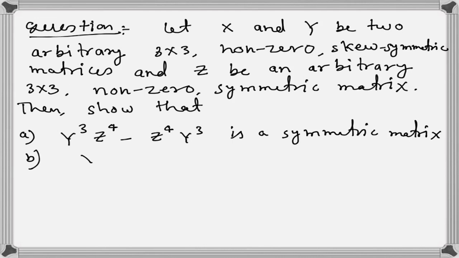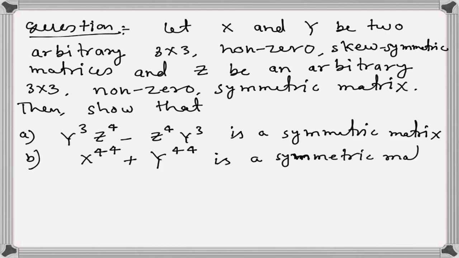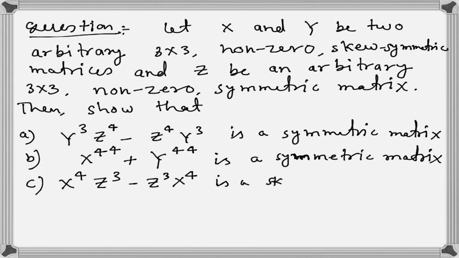Part B: X to the power 44 plus Y to the power 44 is a symmetric matrix. Part C: X to the power 4 Z cube minus Z cube X to the power 4 is a skew symmetric matrix.